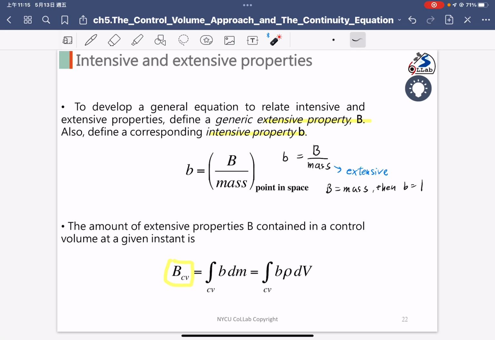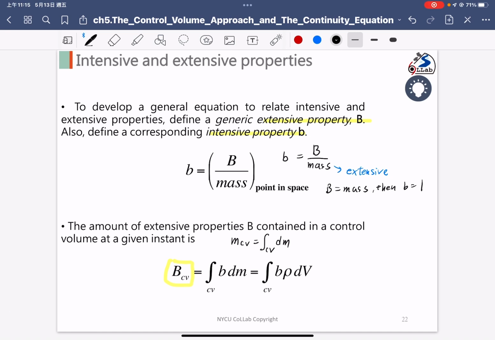So as you can see, if the capital B is the mass, then the small b is 1, so that will equal the m_CV, and the integral over the CV volume will equal dm, right?